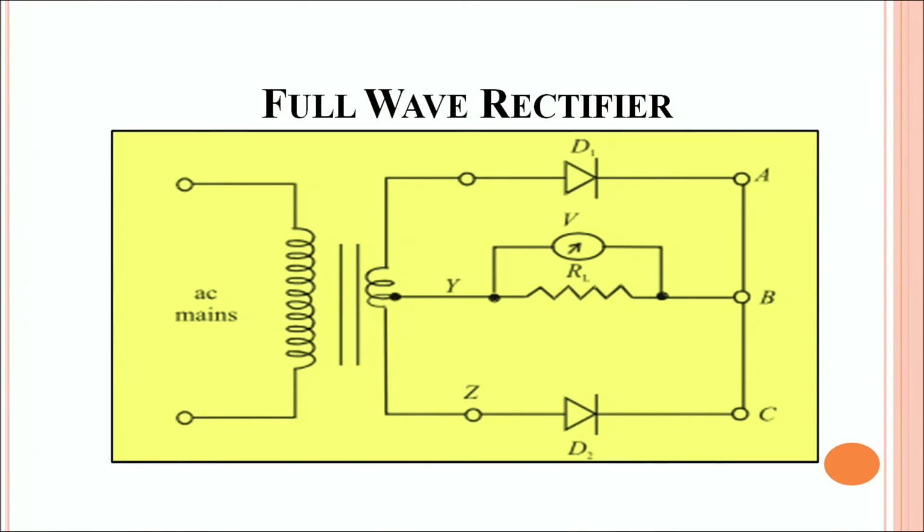For the negative cycle, D1 becomes reverse biased and does not conduct, but D2 becomes forward biased, and therefore D2 starts conducting, and the same amount of current flows across the loop and a voltage drop is measured across RL. Thus, for both the negative part as well as the positive part of the AC cycle, one or the other diode conducts, making the current flow through the circuit.